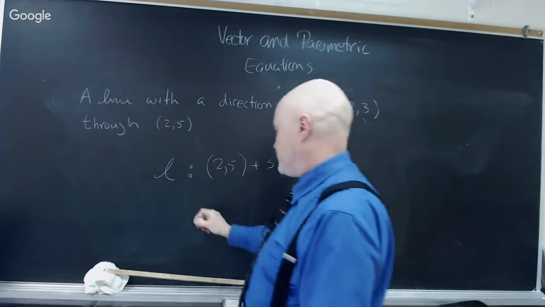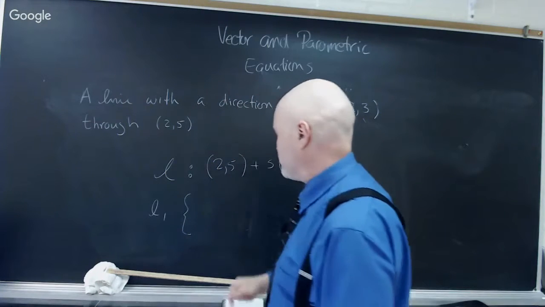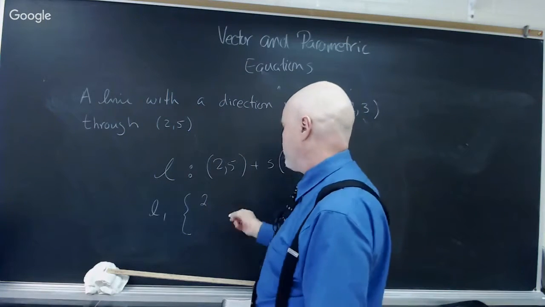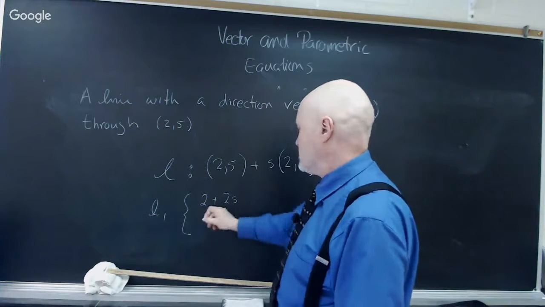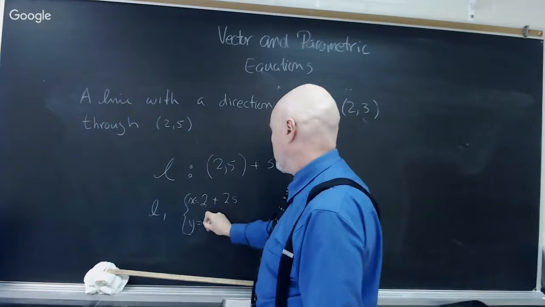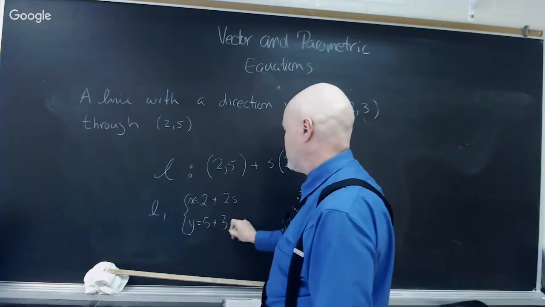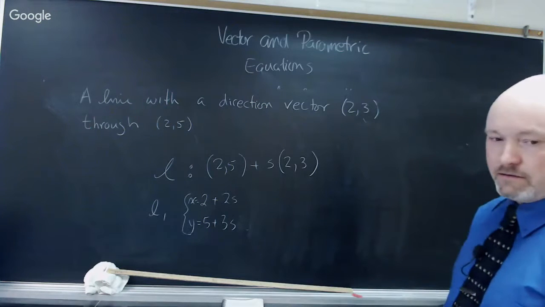And if I wanted to turn this into the parametric form, it's 2 plus 2s. That's my x. And my y is 5 plus 3s. So I've got an expression for my x and for my y.